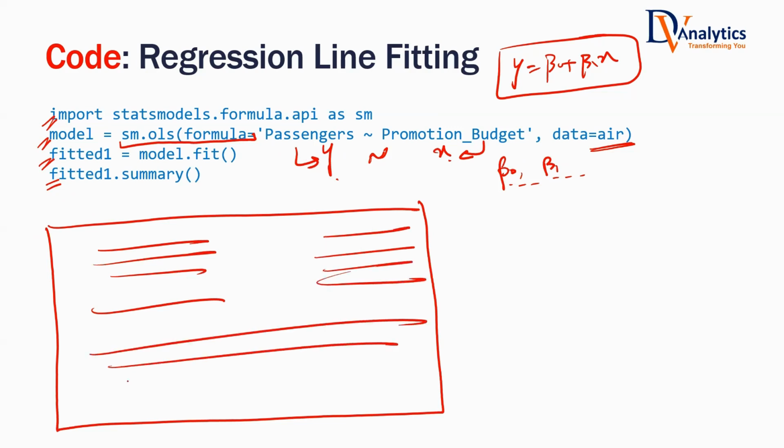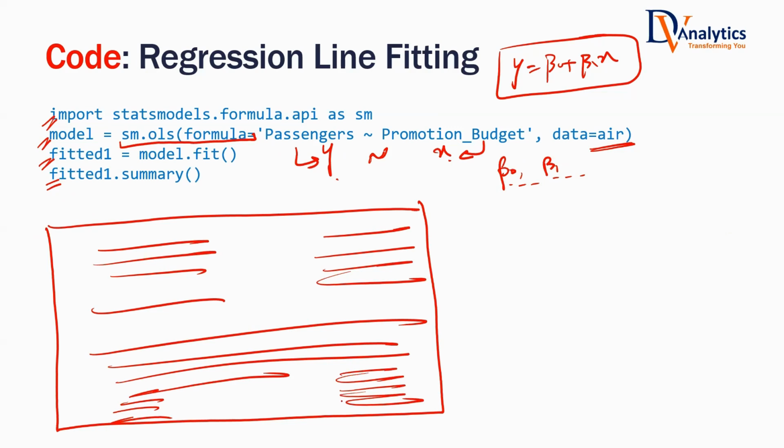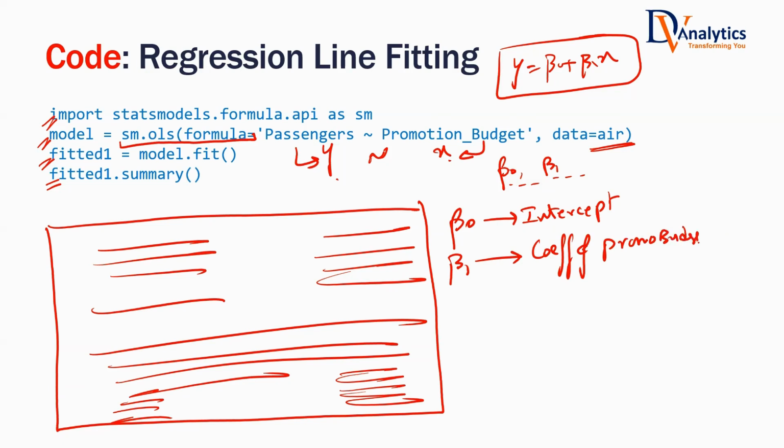Some metrics are important, we will pay attention to them. Some are not important or redundant, we can simply ignore them. But definitely you will have beta naught, beta 1 mentioned. Beta naught will be in the place of intercept. Beta 1 will be represented as the coefficient of promotional budget. Both of them will be given under the section coefficients, or they are known as regression coefficients.